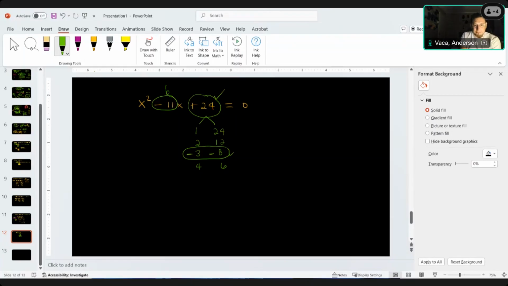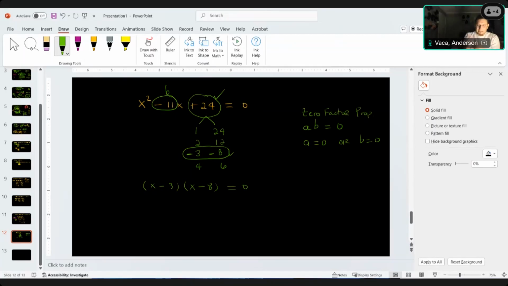So therefore, in factor form, that is (x minus 3)(x minus 8) is equal to 0. From here, we use the skill that says that if a times b equals 0, then either a equals 0 or b is equal to 0. This is referred to as the zero factor property.